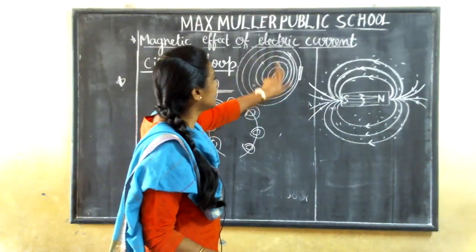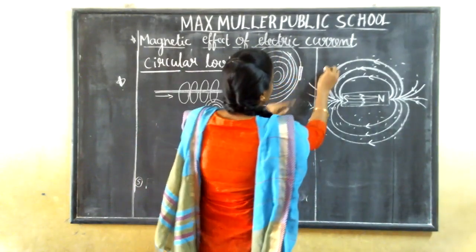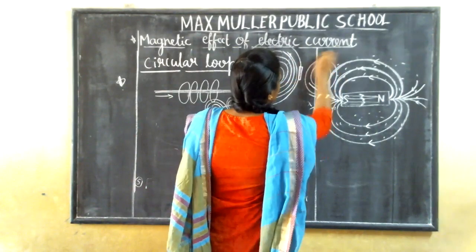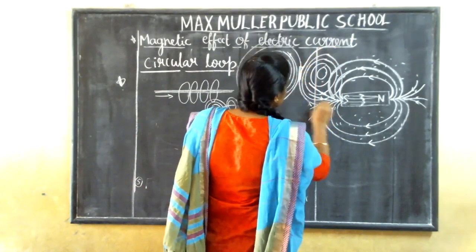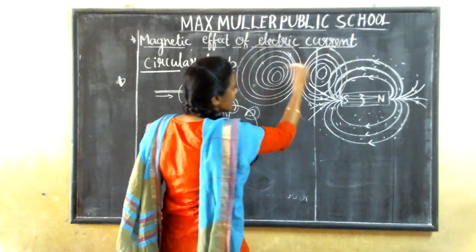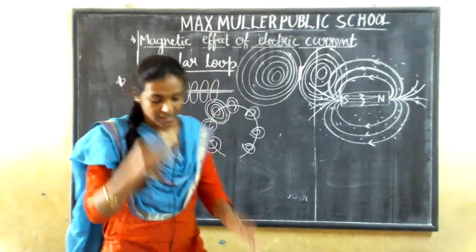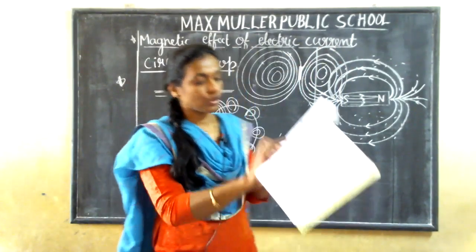Here we are getting magnetic field lines, and here also you are getting magnetic field lines. At the center point, what do you get? Some portion from the circle, which in the middle is a straight line. You can see that in your textbook here.